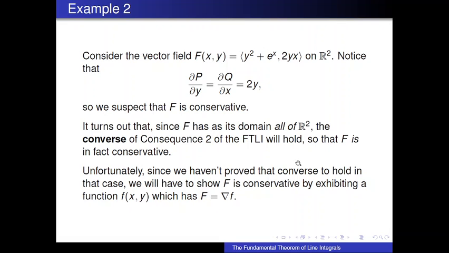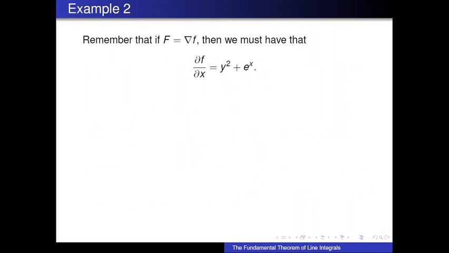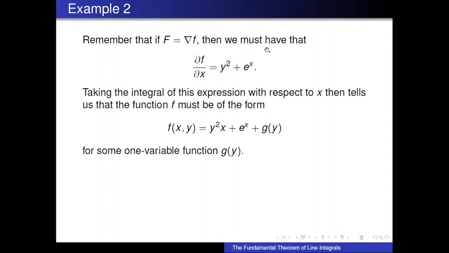So let's remind ourselves how that works. It's kind of fun. Remember that if that's the case, then we must have that the function little f's partial derivative with respect to x needs to equal the first component of the vector field, which was y squared plus e to the x. So we can just integrate this expression with respect to x and get some candidate for the function little f.